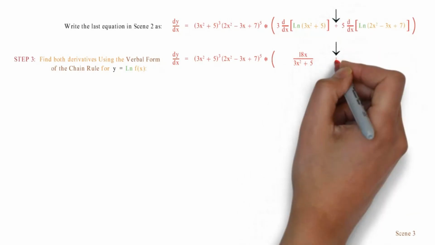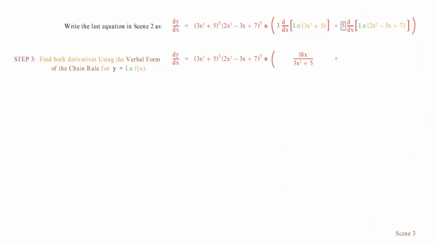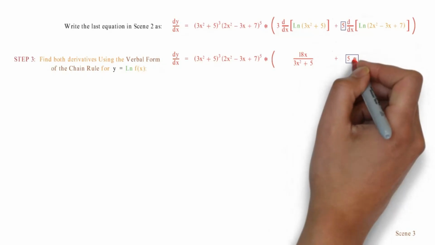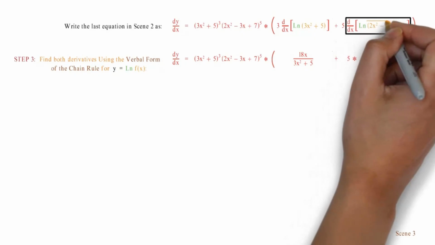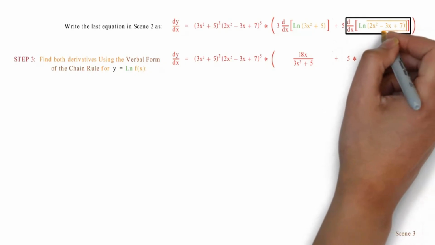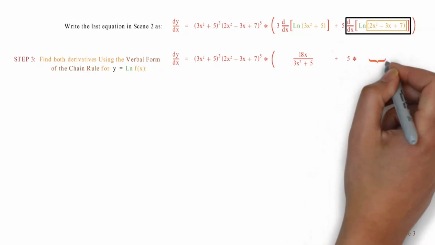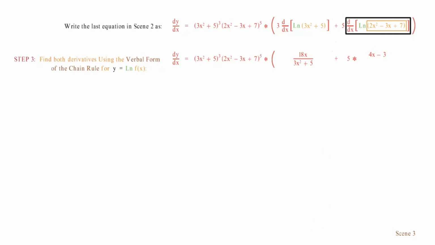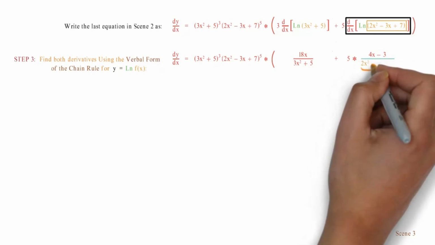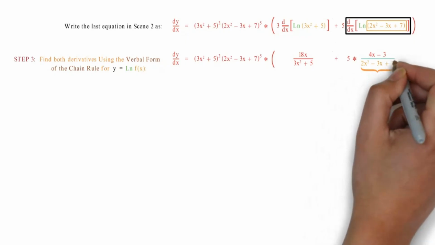Plus is plus. Bring 5 down as 5 times. This derivative equals the derivative of the argument of ln, which is the derivative of 2x squared minus 3x plus 7, which is 4x minus 3, divided by the argument of ln, as before, 2x squared minus 3x plus 7.